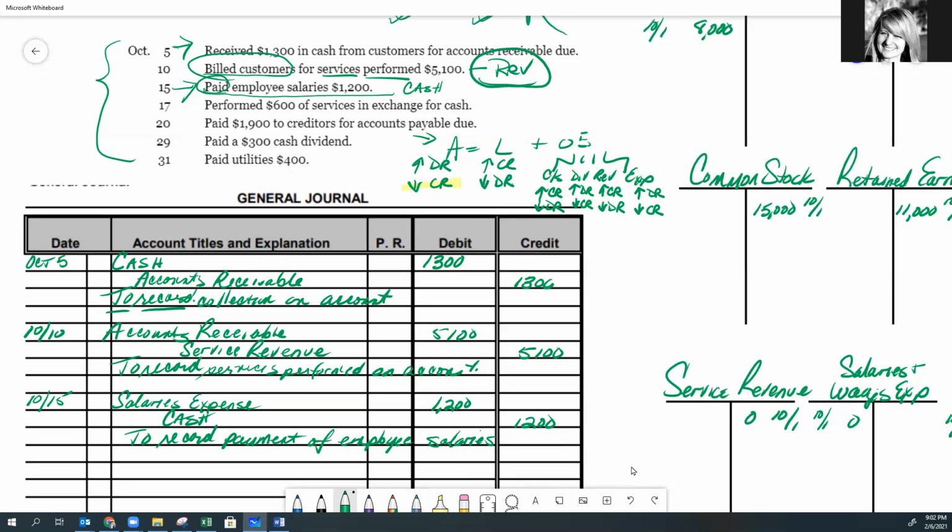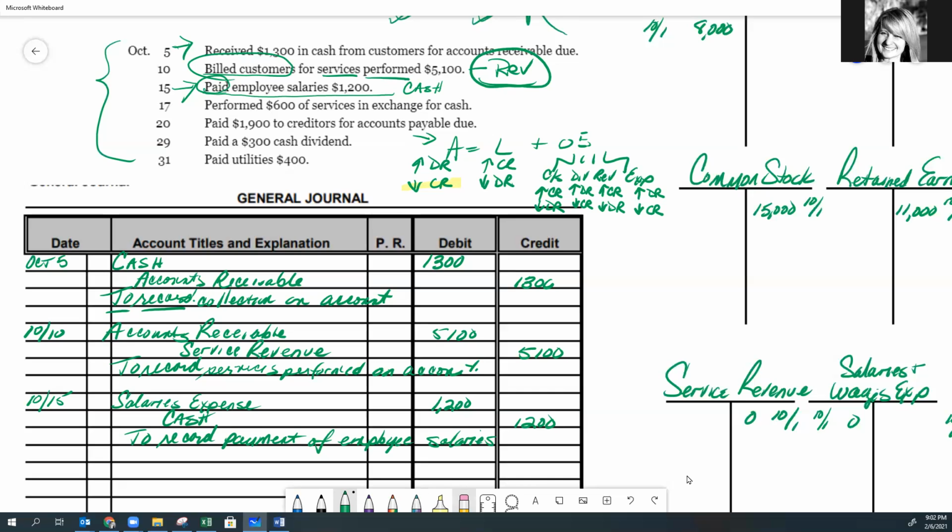Okay, on 10/17, let's move to that transaction. Also, let's just take a moment to review the 3 rules that I gave you of debits and credits. One is I said that debits are always on the left and credits are always on the right. And you can see when I prepared my journal entries, I put all of my debits, both the account name and the balances on the left, and I put all of my credits, both the account names and the amounts, on the right.